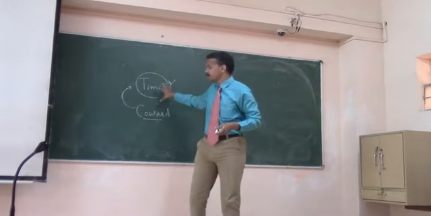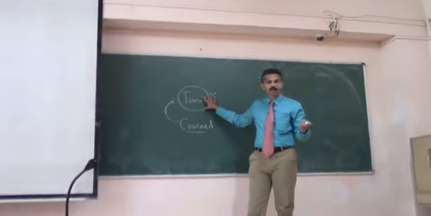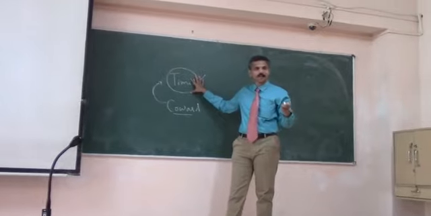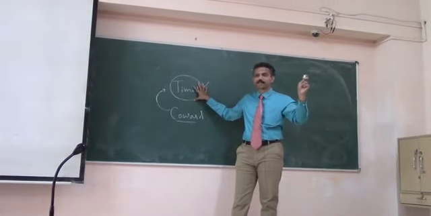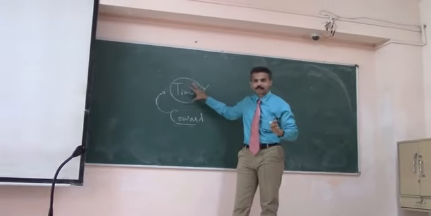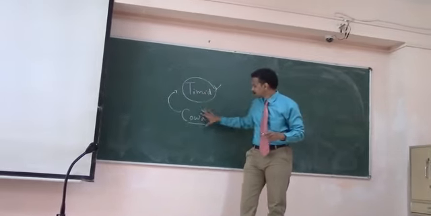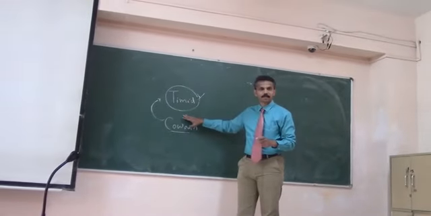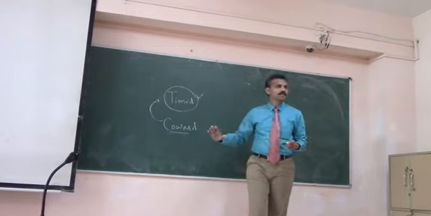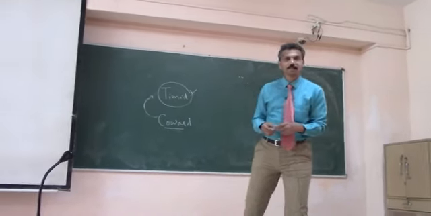So timid we saw was a person without courage, or a person who's got low courage, less courage. I'll give you some examples. And we also have something called cowardice. When do we say cowardice?